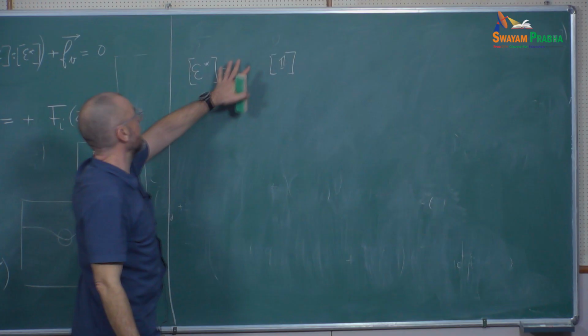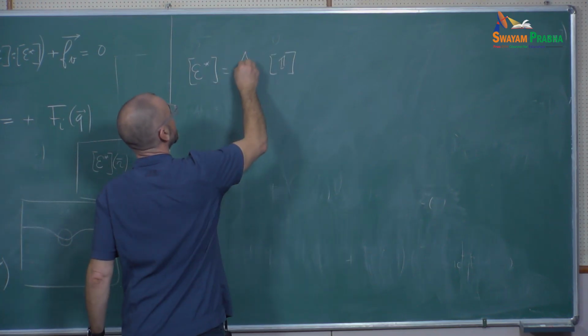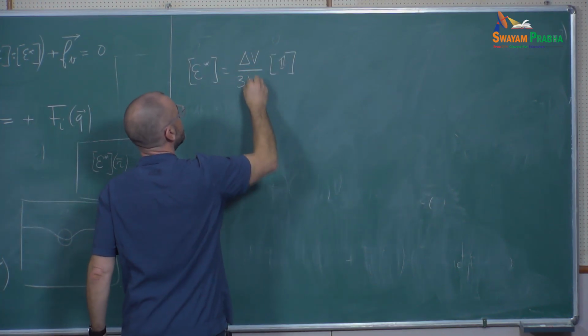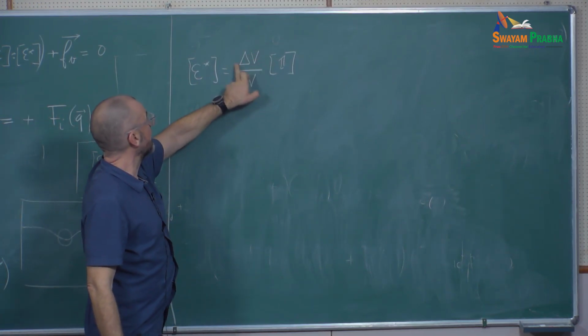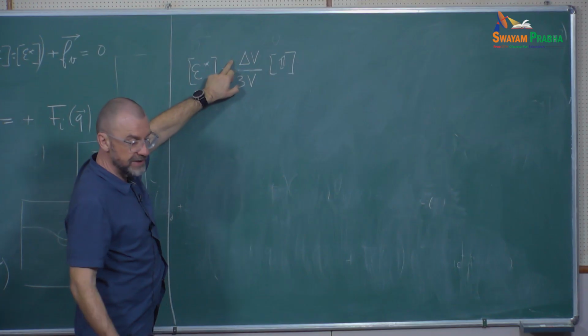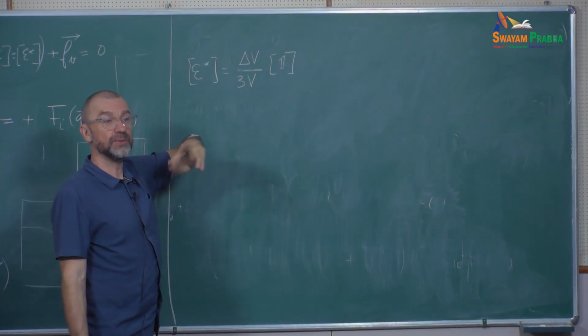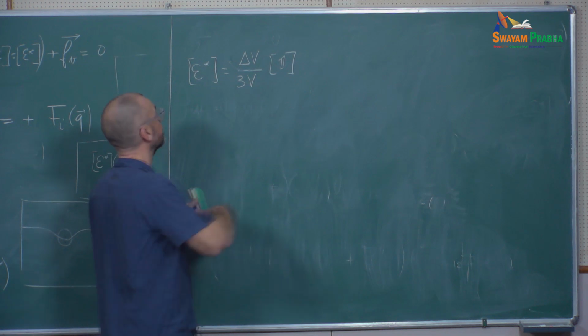And here we have A prime minus A, and so on. That would be delta V over 3V. That is what in the community we call the misfit volume between the precipitate and the matrix.